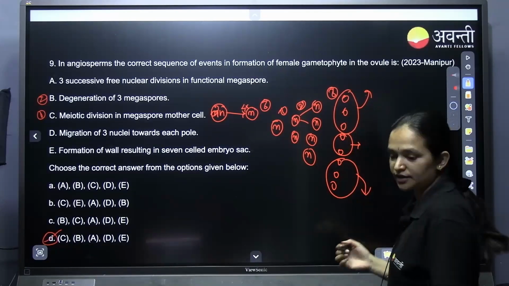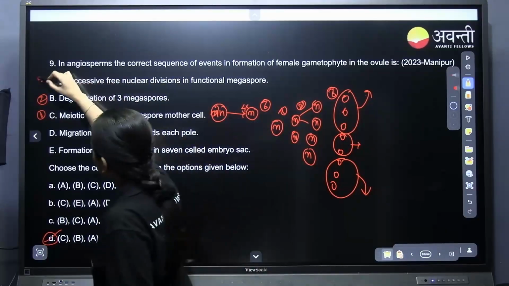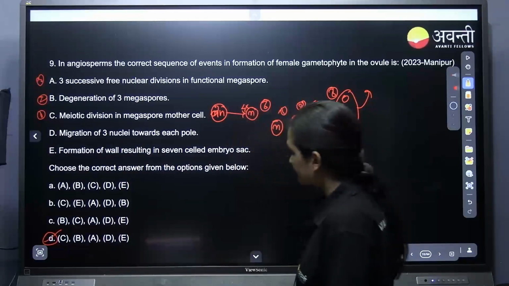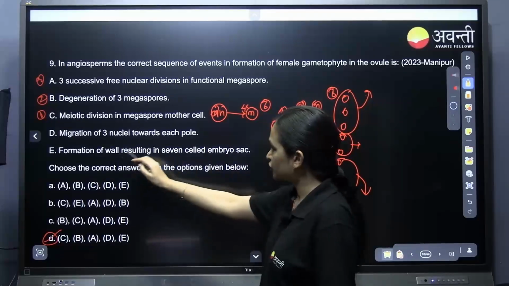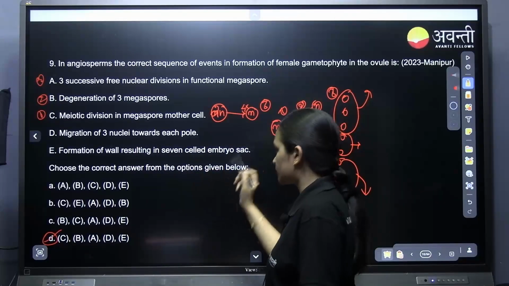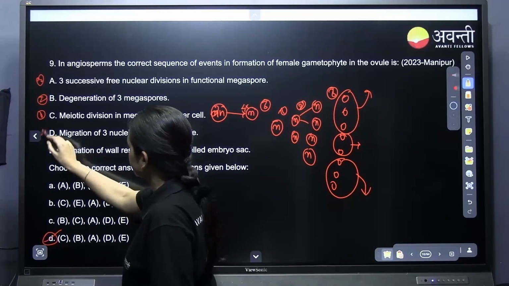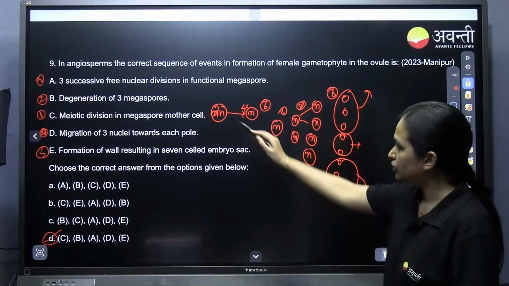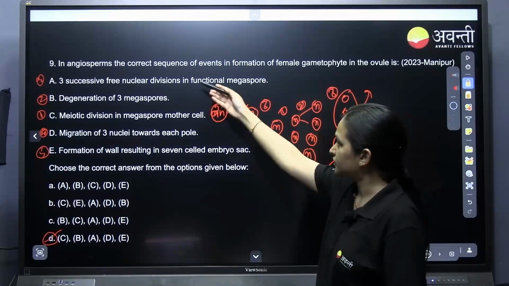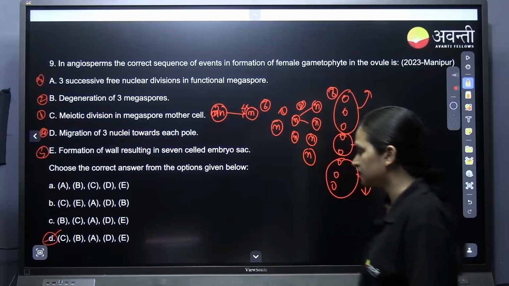Then migration of 3 nuclei towards each pole and formation of walls results in a 7-celled embryo sac. With this successive sequence, we can mark D4 as the correct answer.